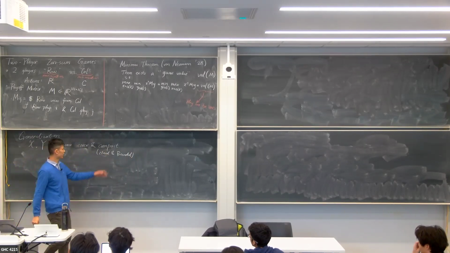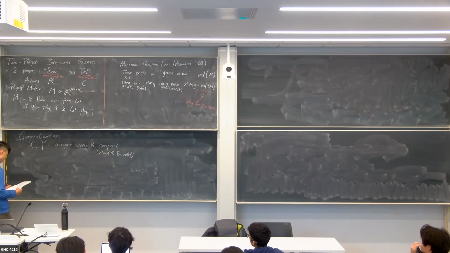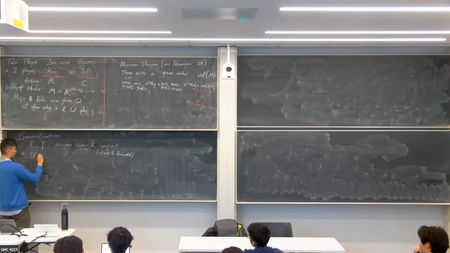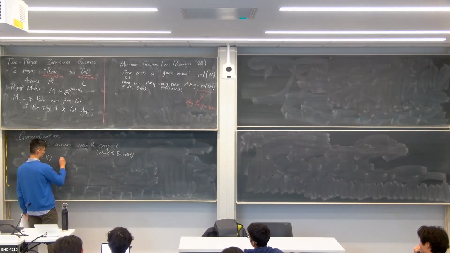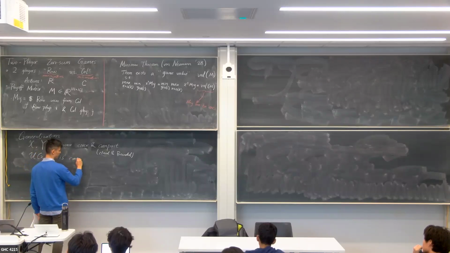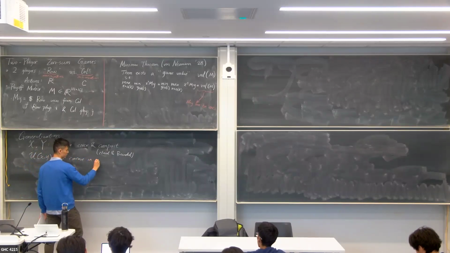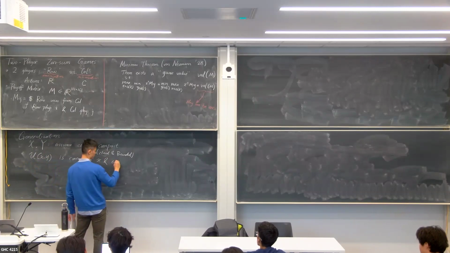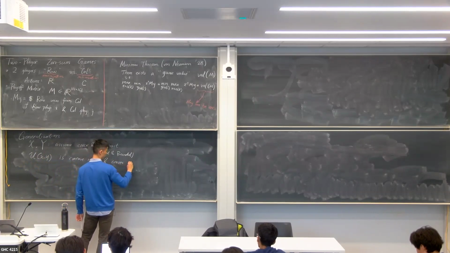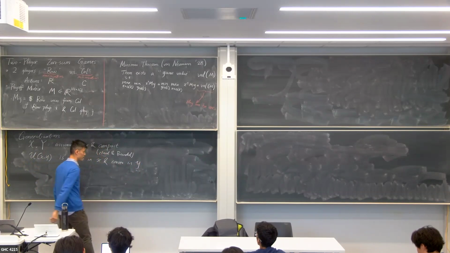So it's not too important. There's further generalization here. And you have a utility function or the payoff function, concave in X and convex in Y. Okay, so this means, this is the payoff function.